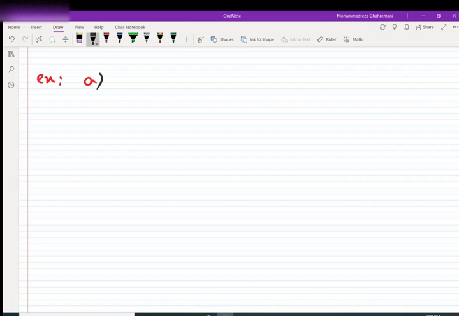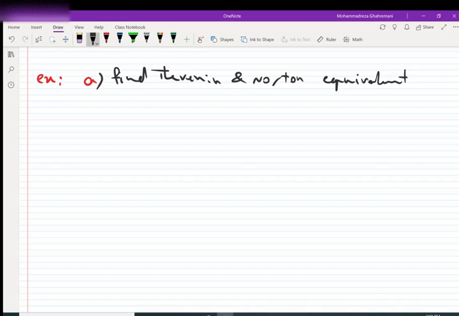Part A, find the Thevenin and Norton equivalent that the load Z sub L sees.